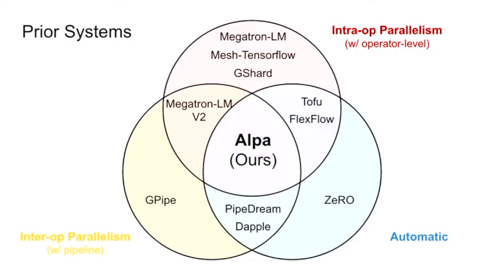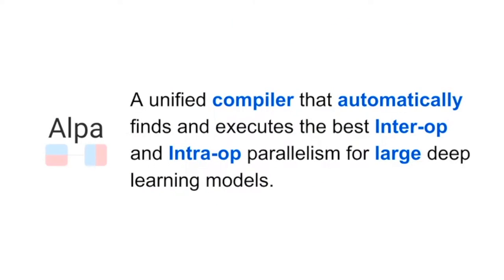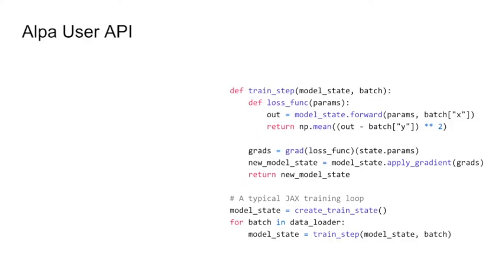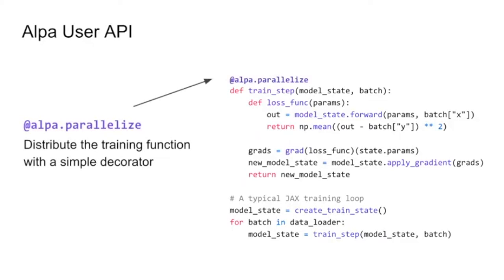So now I will spend a few minutes to tell you more about Alpa. In the Alpa project, our goal is to build a unified compiler that automatically finds and executes the best strategy with both inter- and intraoperator parallelism for large deep learning models. Alpa has a very simple user API. Alpa provides a Python decorator, alpa.parallelize.